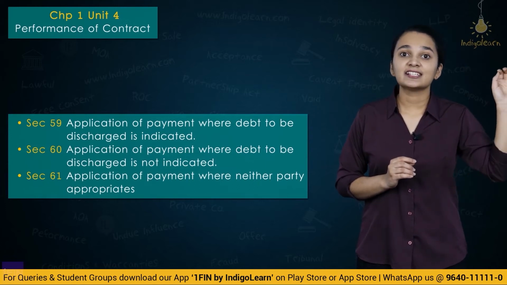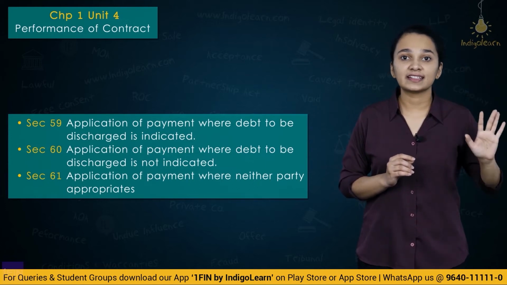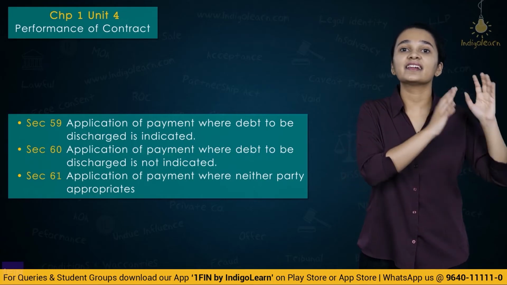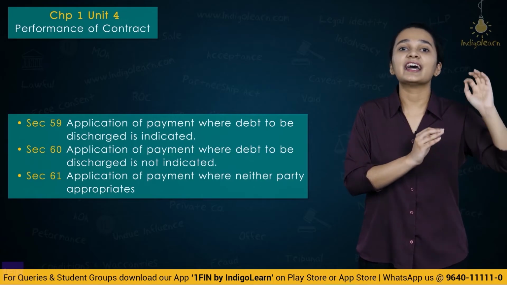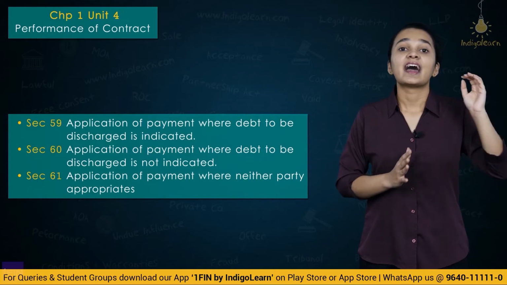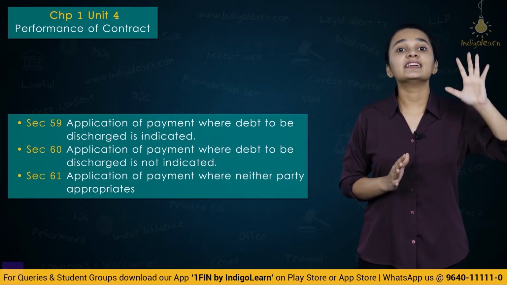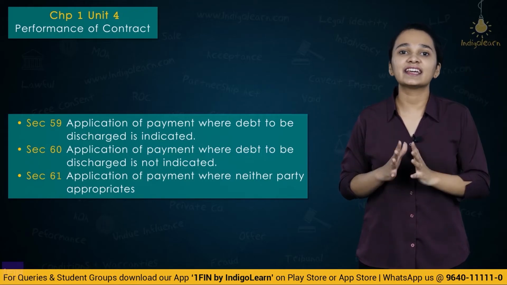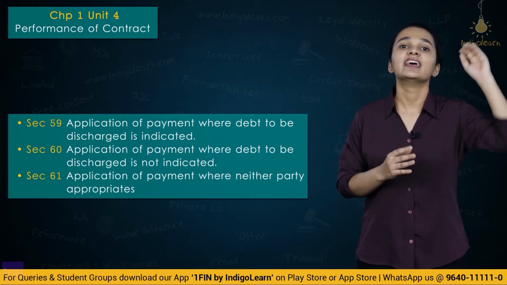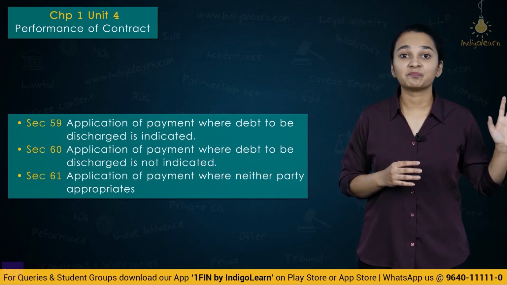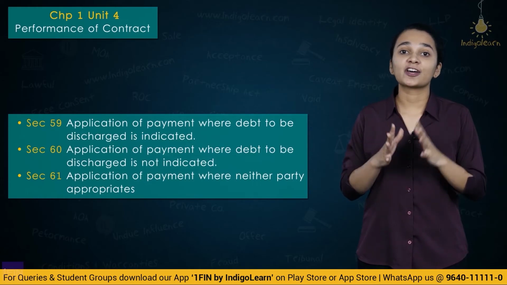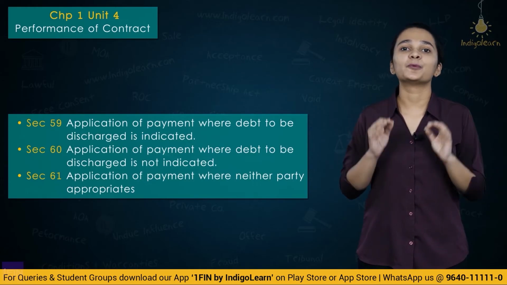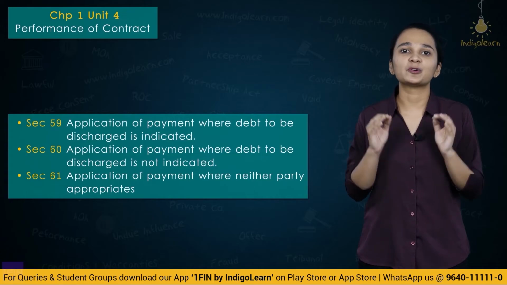Section 60 tells that if the debtor has not indicated anything, then the creditor, at his discretion, can make the appropriation. And section 61 says when neither the debtor nor the creditor has made any appropriation, then the appropriation has to be made in the order of time. And if two debts are of equal standing, then the appropriation has to be made proportionately.